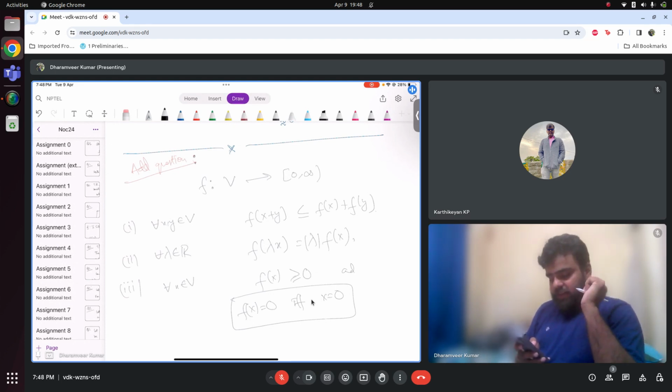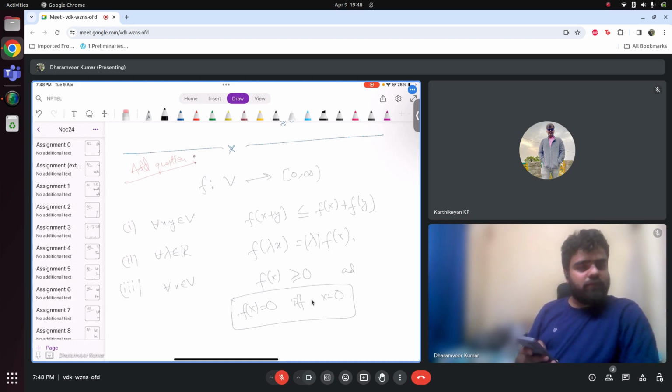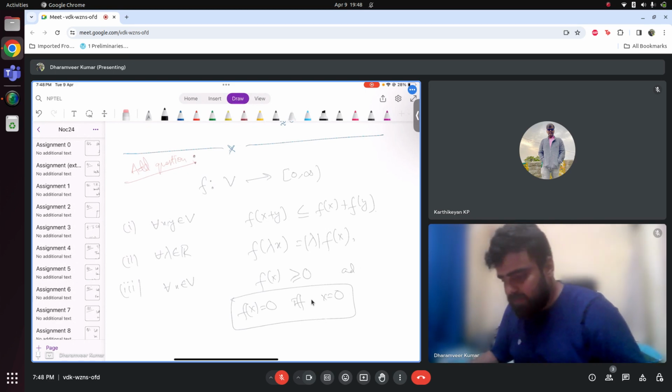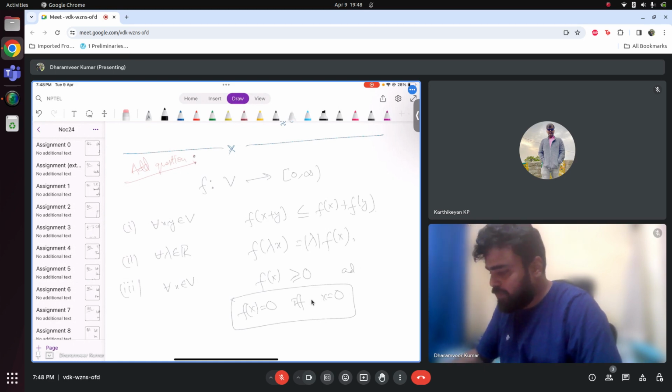So first try to find out which option is correct, and then define this for all p, not just p greater than 0, any real number, and then also show why a specific thing is a norm. Okay. I hope this is clear, right?